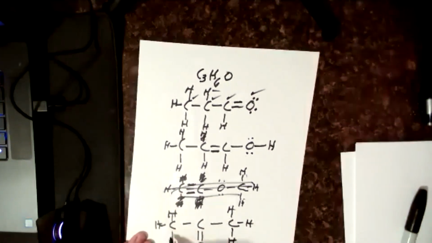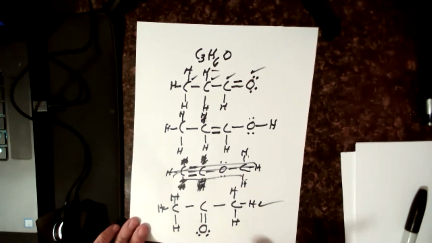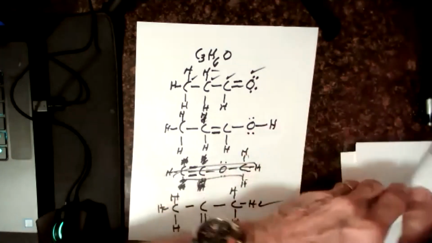Okay, 4 bonds, 4 bonds, 4 bonds, 1 bond to each hydrogen, and 2 bonds to the oxygen. I need 2 lone pairs on the oxygen. Hey, look at that. We got another one. That's at least 3 of them, and that would satisfy the problem. You can come up with some more of them.